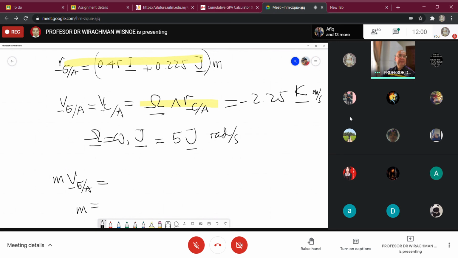Let me read the problem. 4 kilogram. So you have 4 kilogram times negative 2.25K meter per second. So you have negative 9K kilogram meter per second. Okay, that's MVGA.